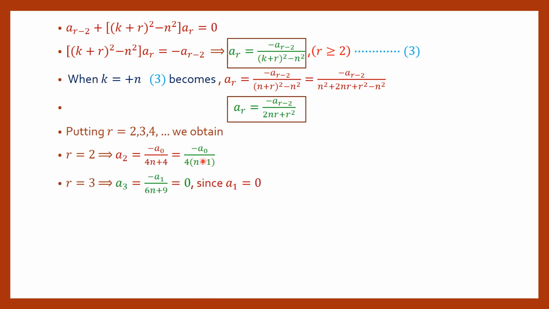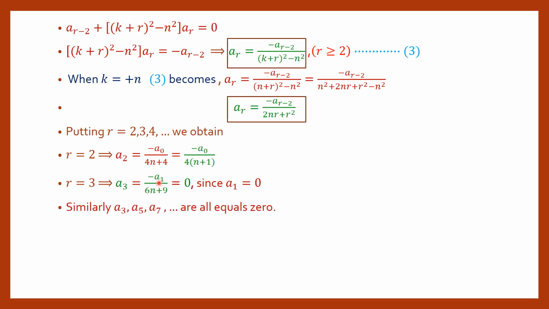Now put r equal to 3. We get a3 equal to minus ar minus 2, that is 3 minus 2 is 1, divided by 2nr, which is 6n, plus r square, which is 3 square, 9, equal to 0. And this is equal to 0 because we already concluded a1 is 0. Since a1 is 0, a3 is 0.